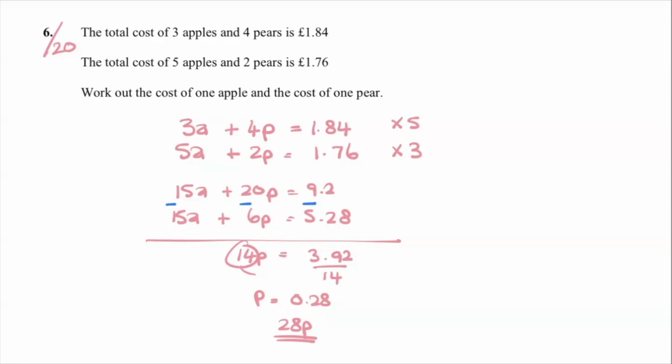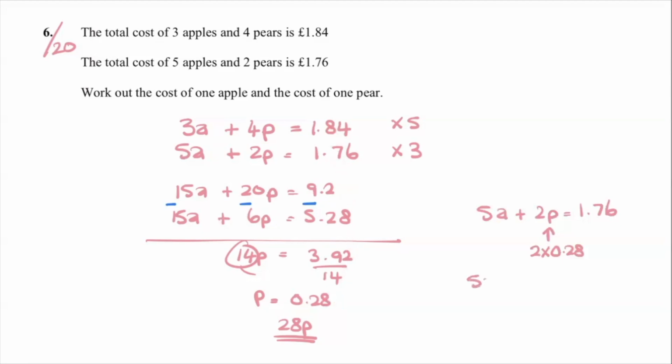Now I know my P, I can work out my A. I need to choose one of these. I think I'm going to go for this one. So I've got 5A plus 2P equaling £1.76. This is going to be 2 times 0.28. I'm going to use my decimal answer because I'm still working within these calculations.